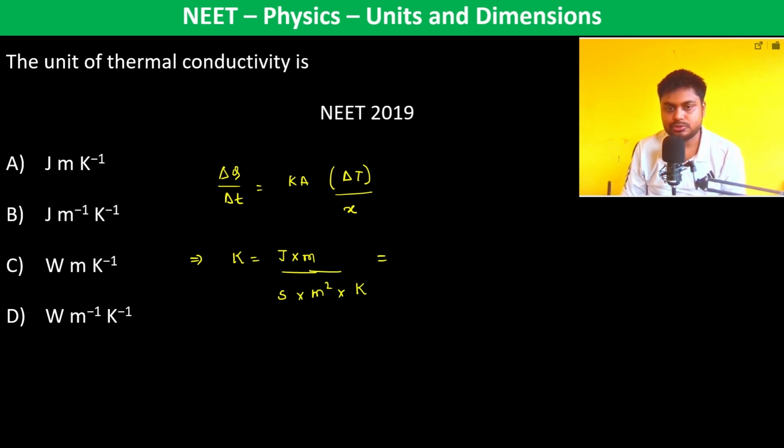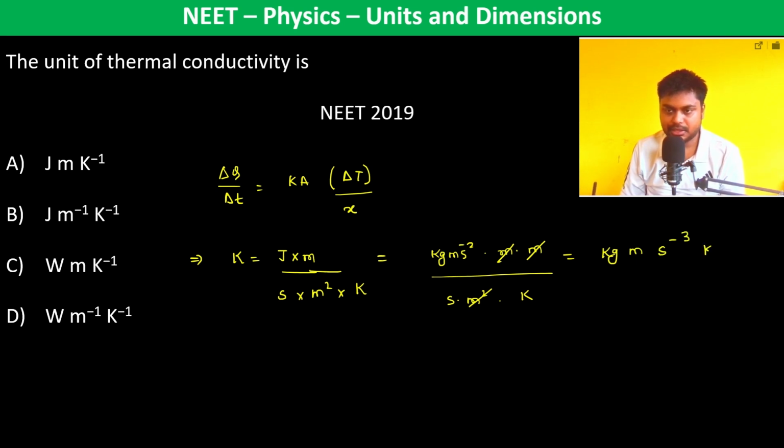So now what is joule? Joule is Newton meter, so therefore kg m s minus 2 Newton meter, again meter, divided by second meter square into Kelvin. So this becomes kg m s minus 2, s minus 3, K minus 1. So this is M L T to the power minus 3, K to the power minus 1.